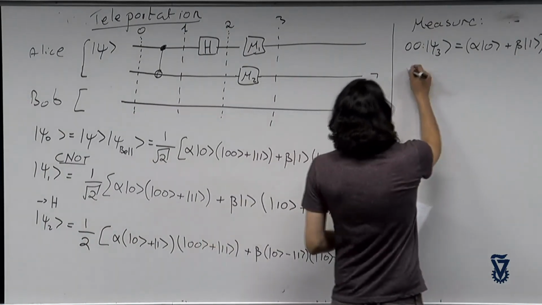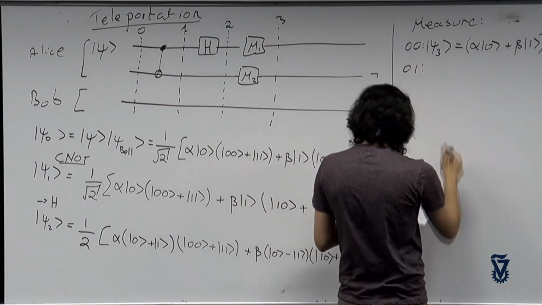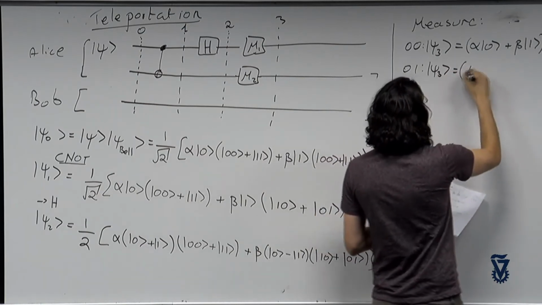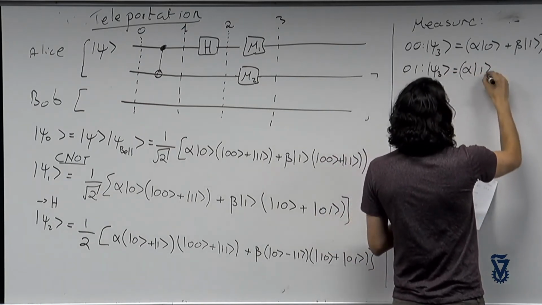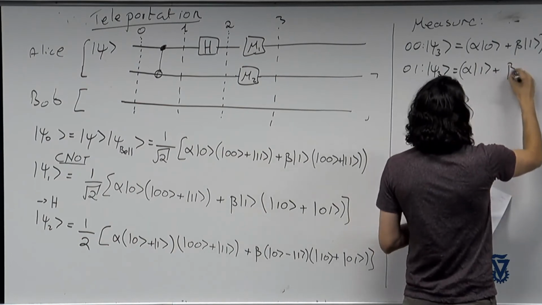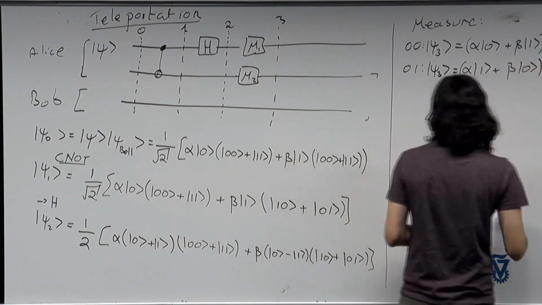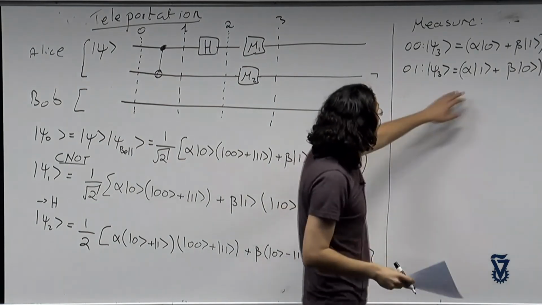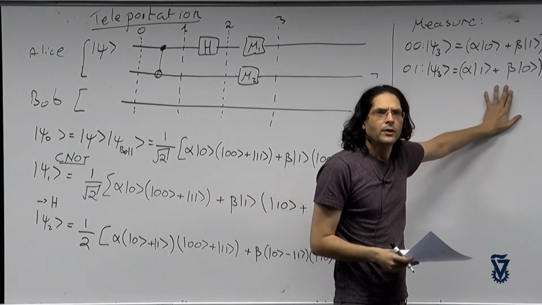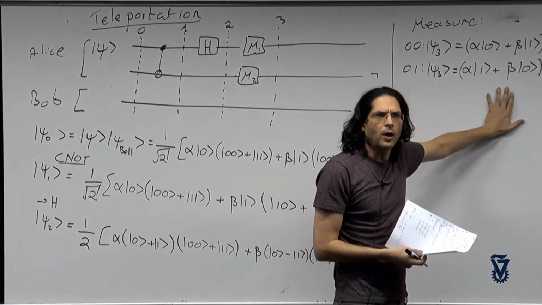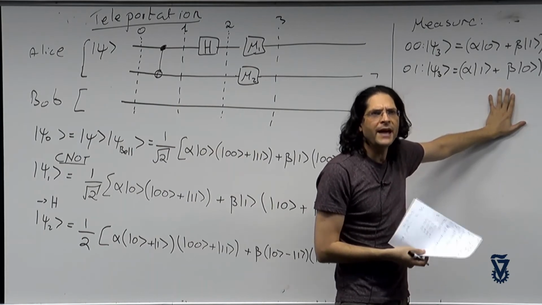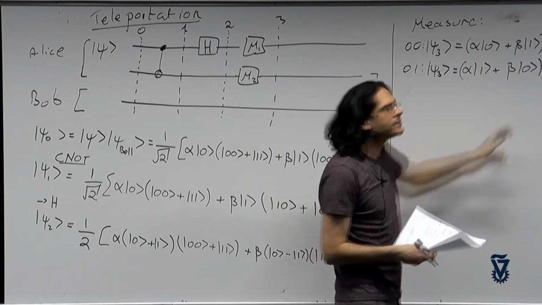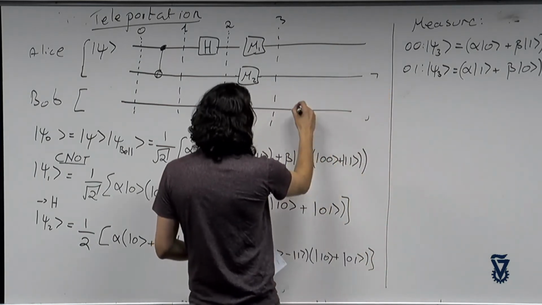If she gets 0, 1, then psi 3 equals alpha 1 plus beta 0. In that case, she calls up Bob and tells him, you need to do a NOT operation. Apply sigma x.